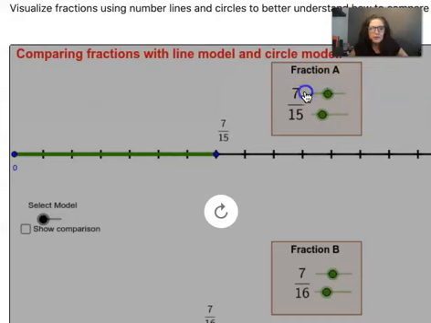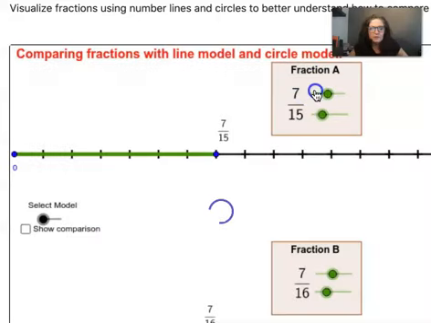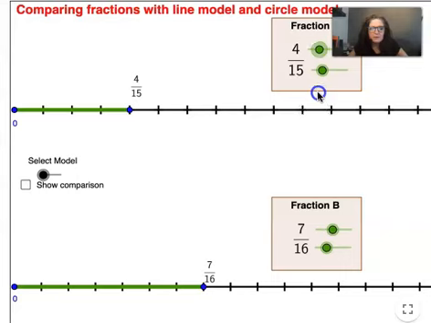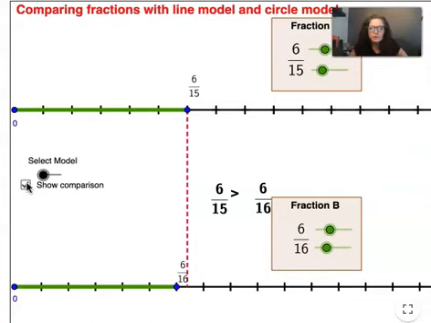You can move these sliders: 4/15, 10/15, and so on, and it moves it on the number line. And you can do the same with the other fractions, so you can compare. Okay, so these have same numerator, different, and then they can show the comparison, which is really nice. So that's just another option for you.